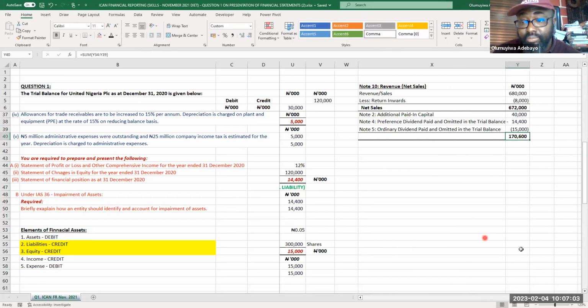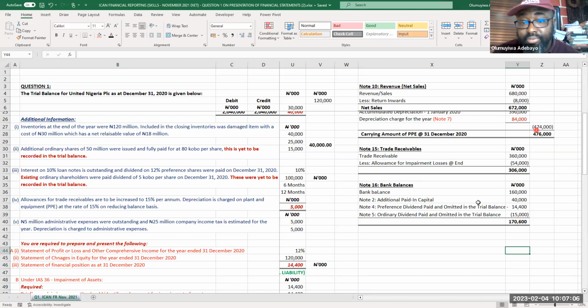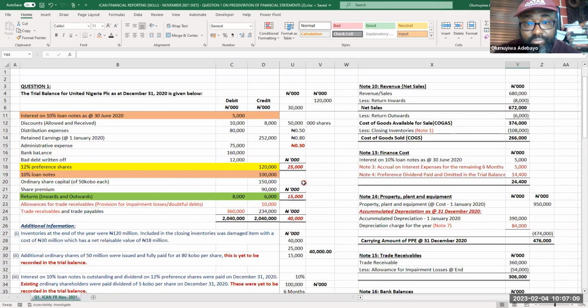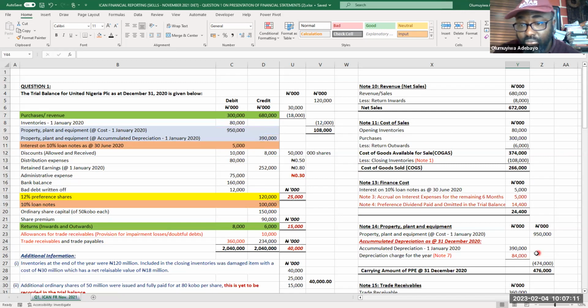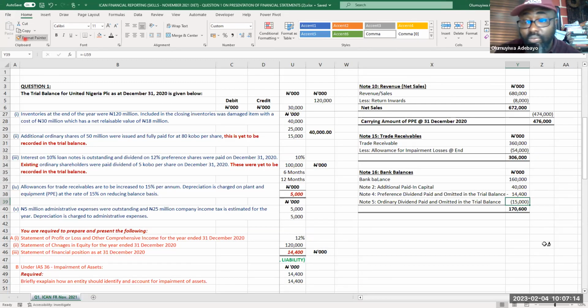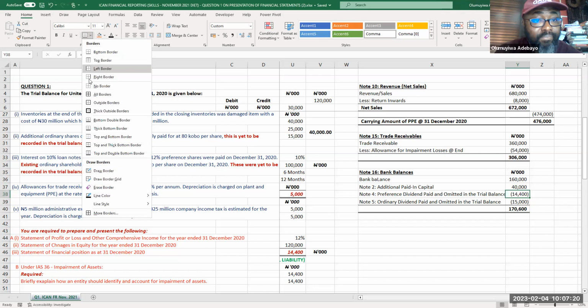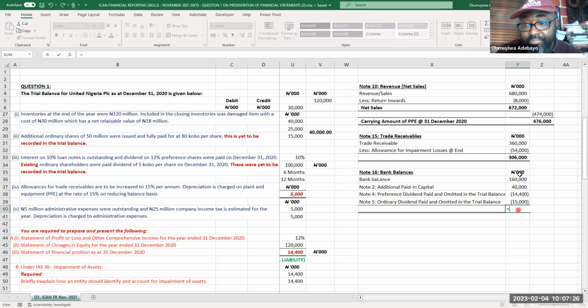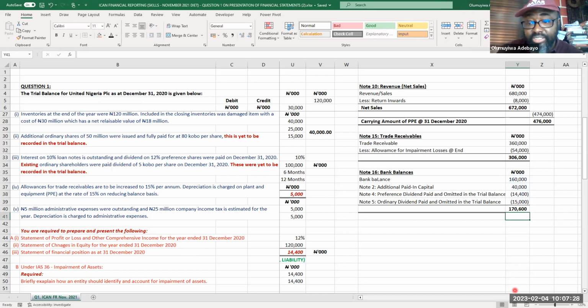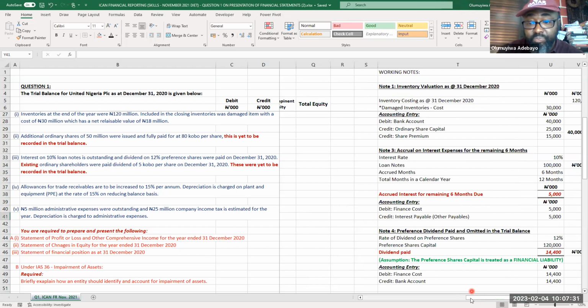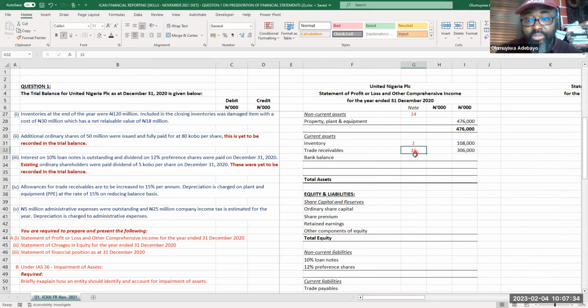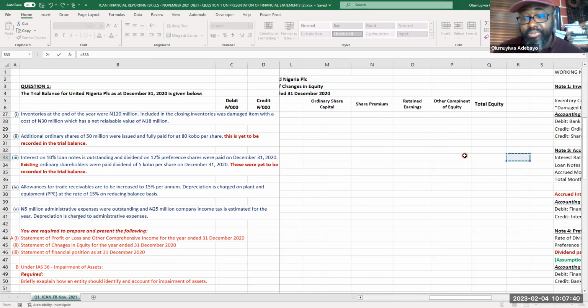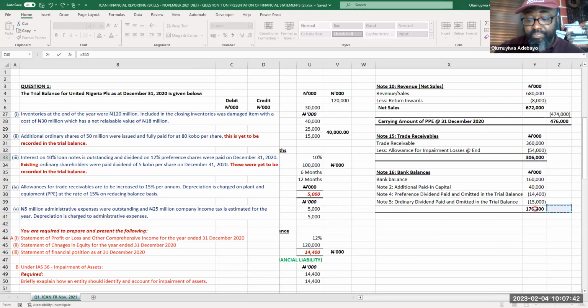Okay. That is that for the bank. Therefore, what is our balance in bank? 170,600. 170,600.